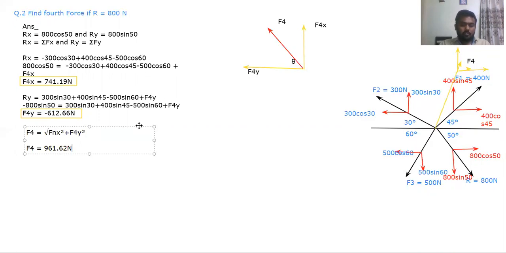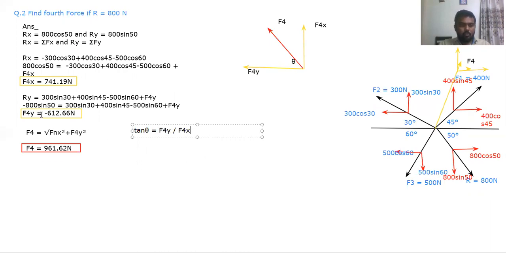Okay. So after finding this, the next part is to find out the theta. So again we have a formula for theta. What is the formula? Tan theta is equal to F4y divided by F4x, and this complete term is in mod. So whatever the value of F4x or F4y, you have to take this value as positive.